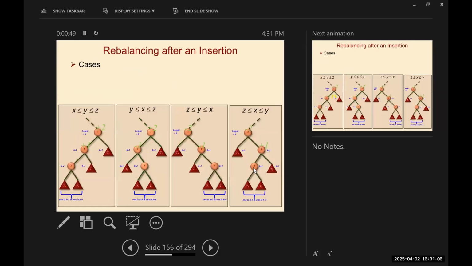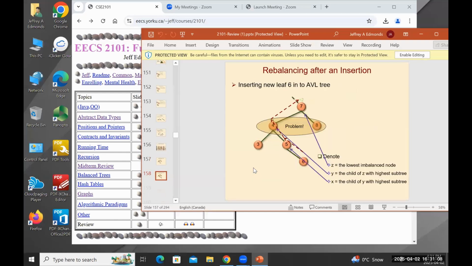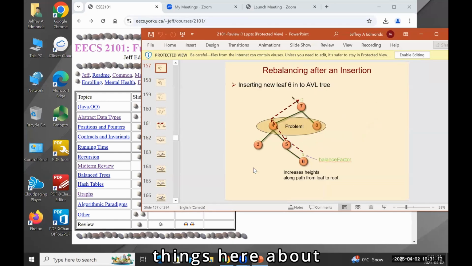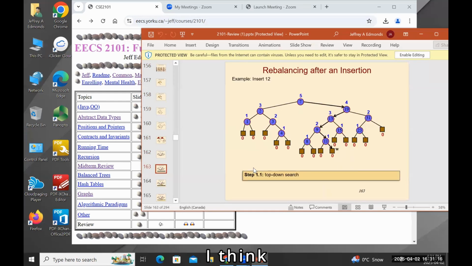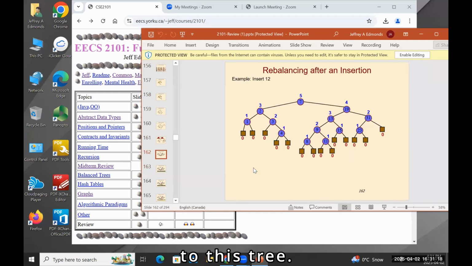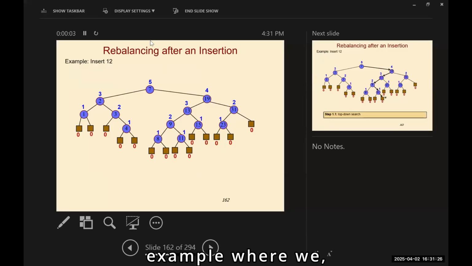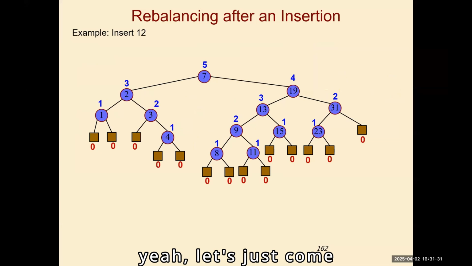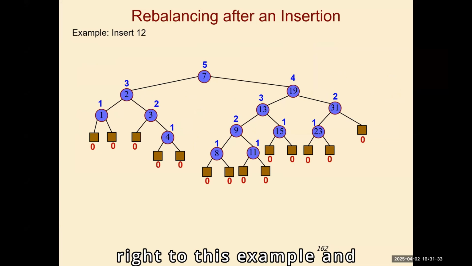All right, so we did all of these things here about how people think about it, but I think we can go right to this tree. We could delete all those slides and come right to proof by a single example. Let's just come right to this example and see what we did.